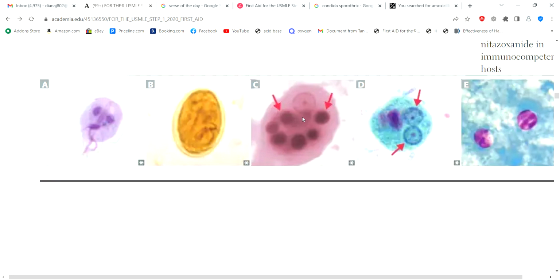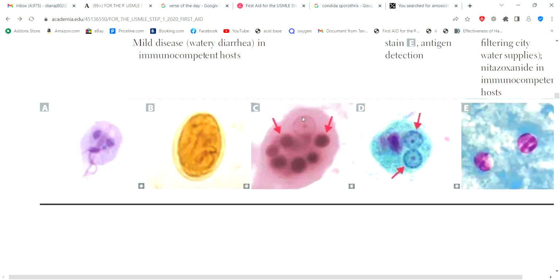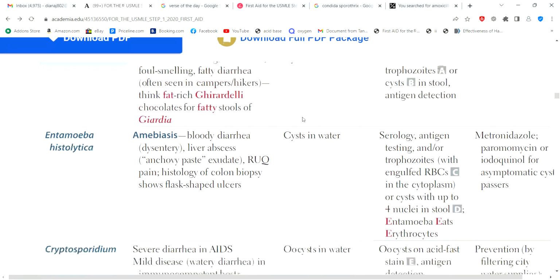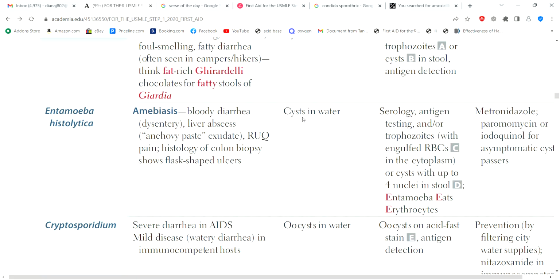Entamoeba eats erythrocytes. Now, the treatment is metronidazole, paromomycin, or iodoquinol for asymptomatic cyst passers.